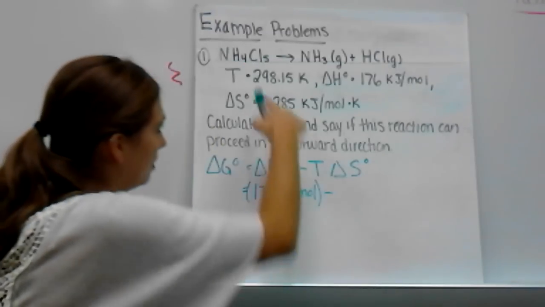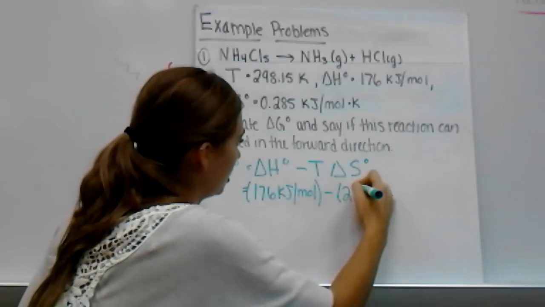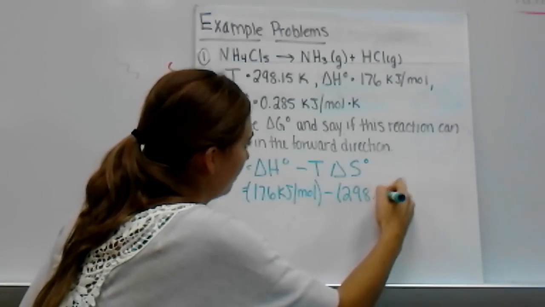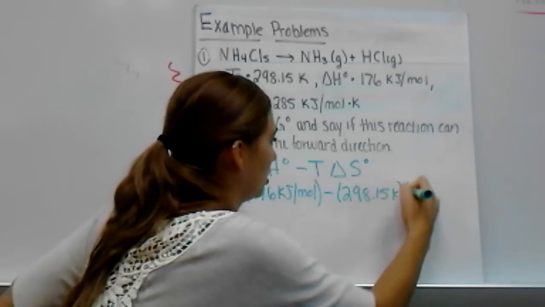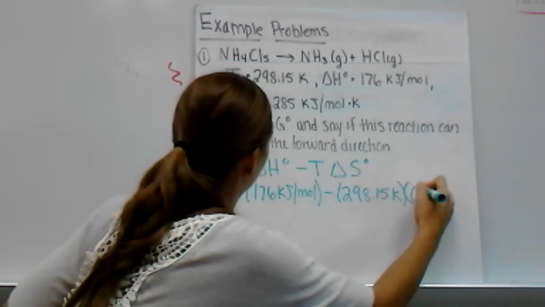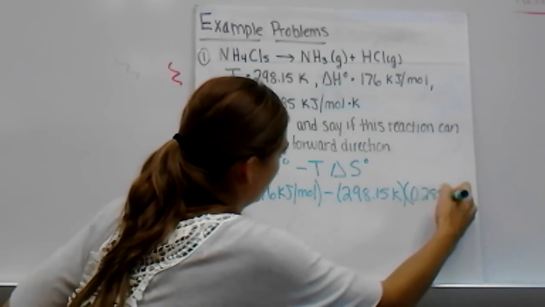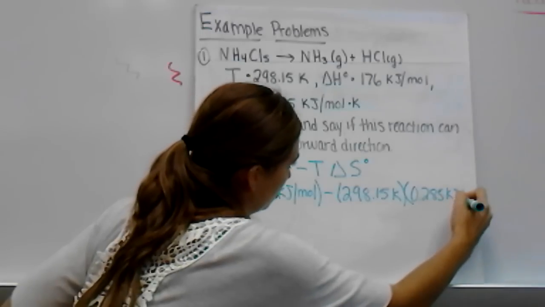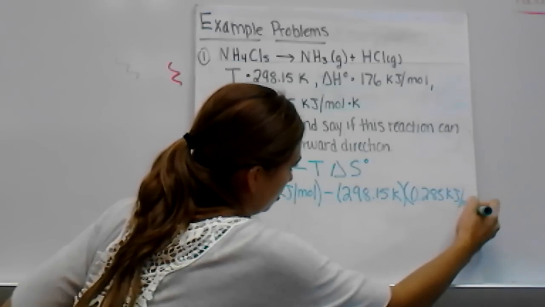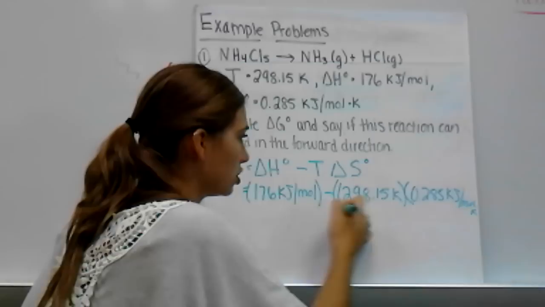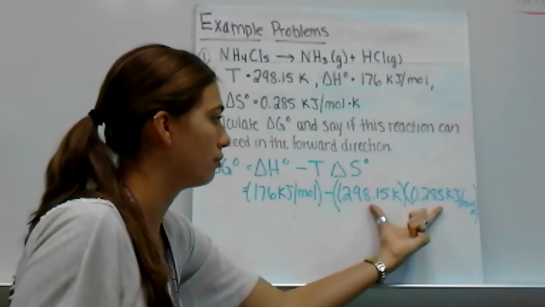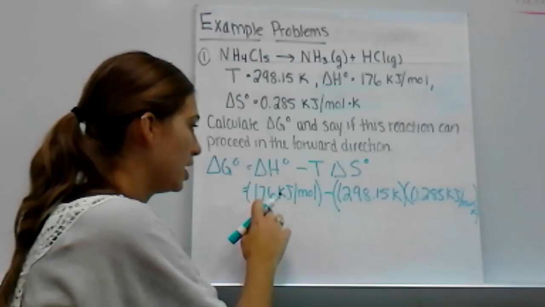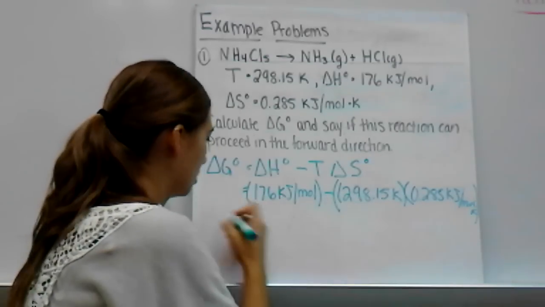And that's going to be minus our temperature, which is 298.15 Kelvin, times our molar entropy. So make sure when you're plugging this into your calculator, you do these two multiplied, and then do this minus all of this.